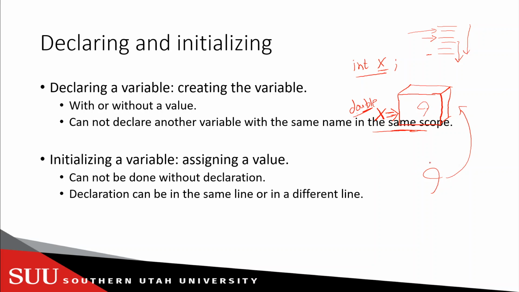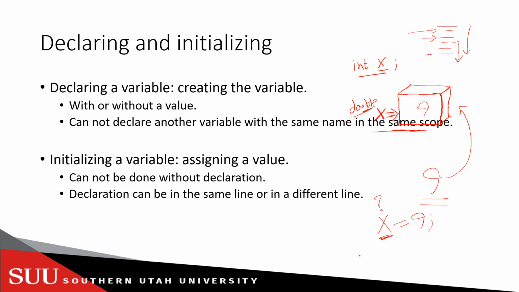I have to create the box and then place the value in it. I cannot just say x is equal to 9 semicolon. Now what is x? I have to create the container for x.